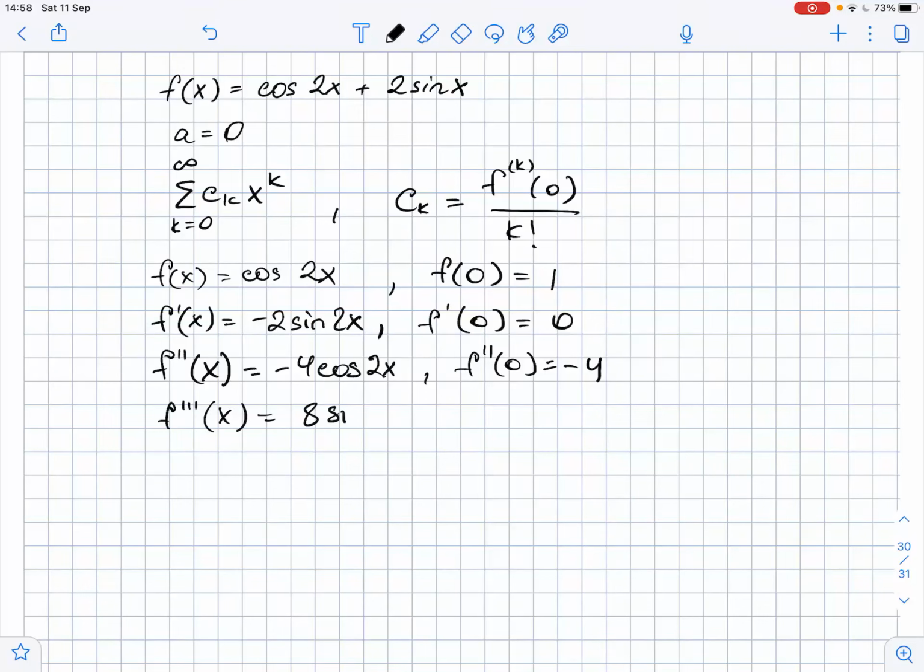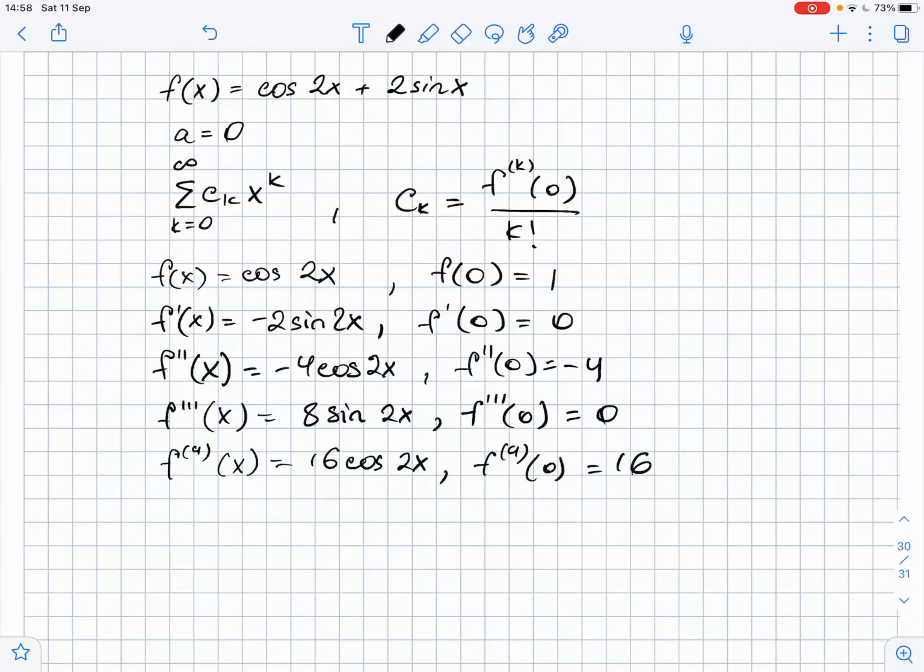The third order derivative of f(x) equals 8 sine of 2x, and the third order derivative at 0 equals 0. The fourth order derivative of f(x) equals 16 cosine of 2x, and the fourth order derivative at 0 equals 16.